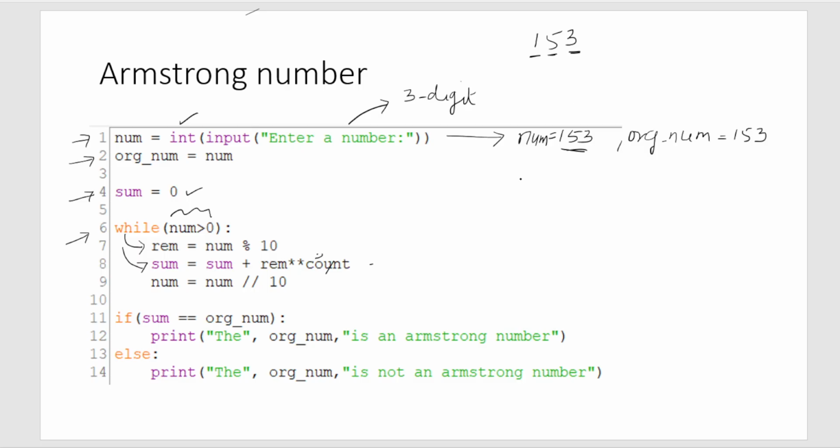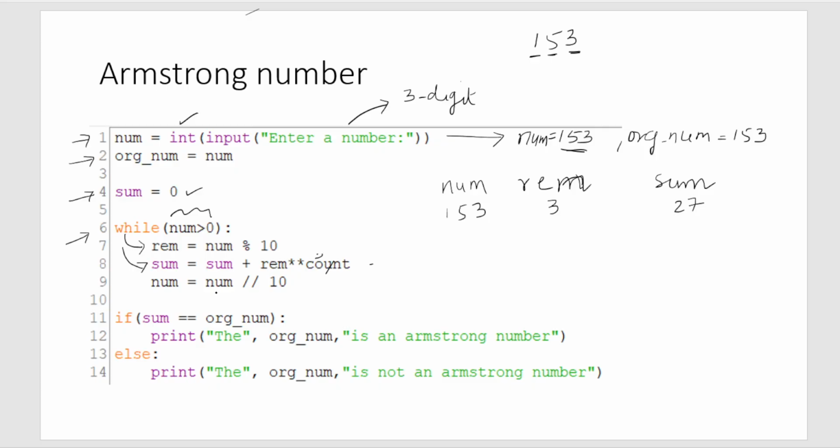There is something called remainder, something called sum, and another thing called num. Now the num initially was 153, remainder was 3, and the sum comes out to be 27.